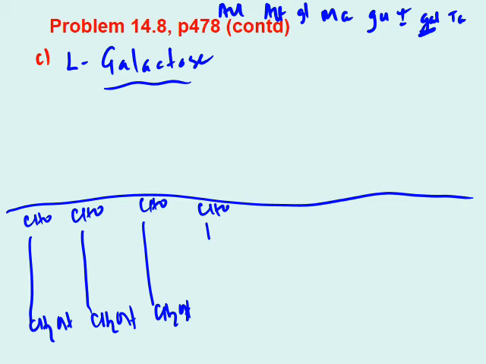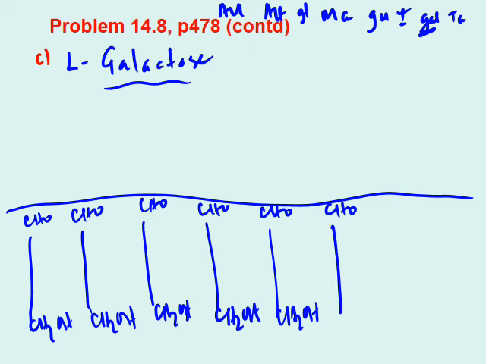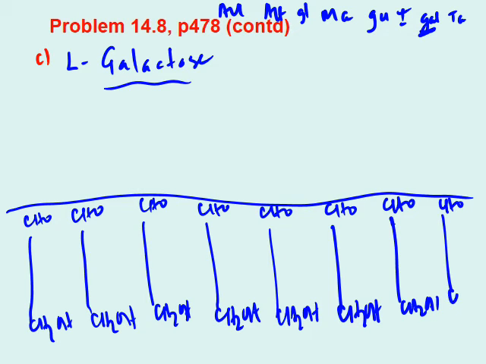CHO, CH2OH, 1, 2, 3, 4, I have 4, then the next one would be again CHO, CH2OH, 1, 2, 3, 4, 5, 6, now I have 2 more, CHO, CH2OH, and then CHO, CH2OH.